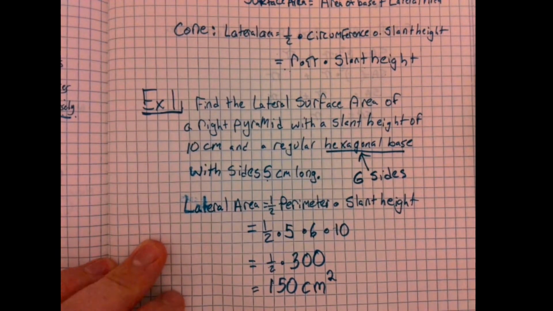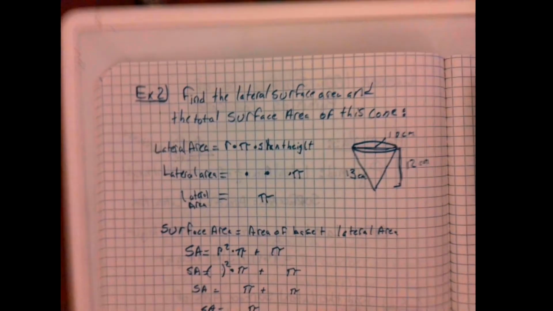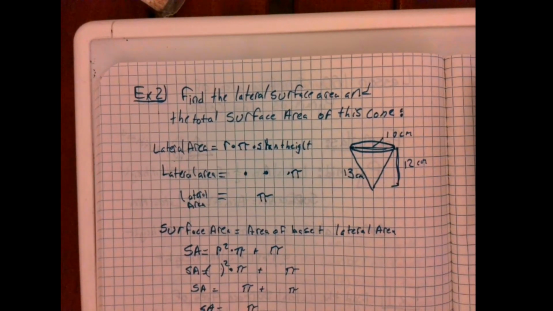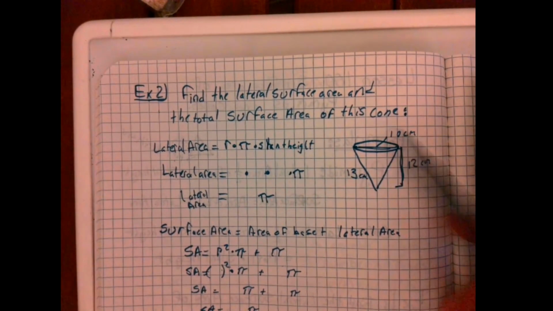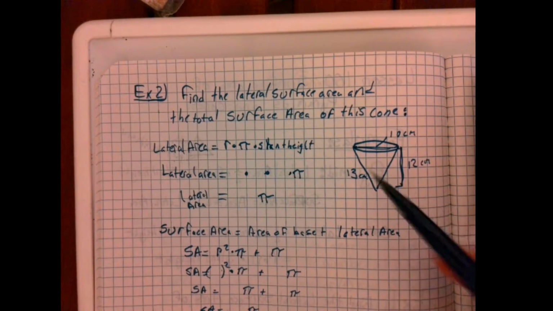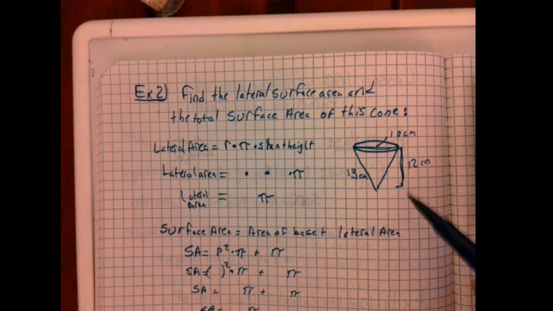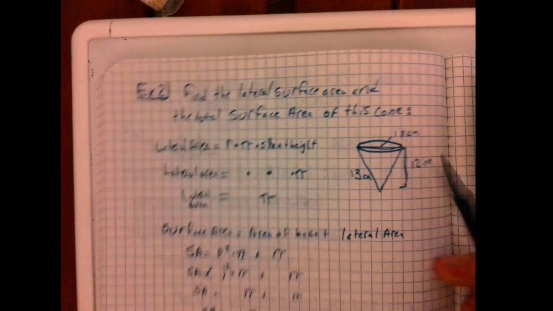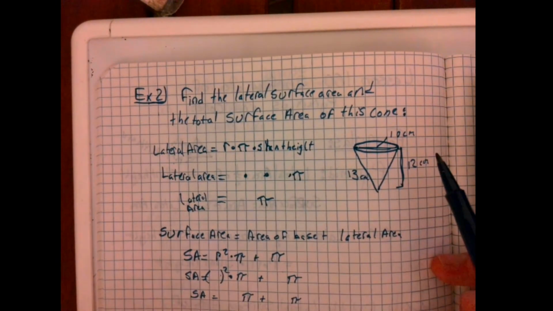That was example 1. Moving on to example 2, we are asked to find the lateral area, then the total surface area of this cone here, with a diameter of 10, a height of 12, and a slant height of 13. We don't actually need the 12. The 12 is just extra information that it gave us.